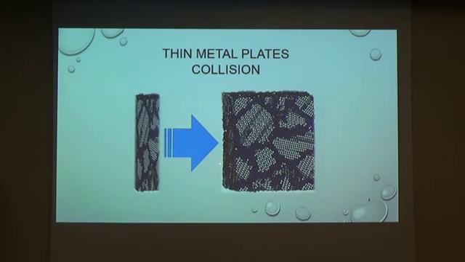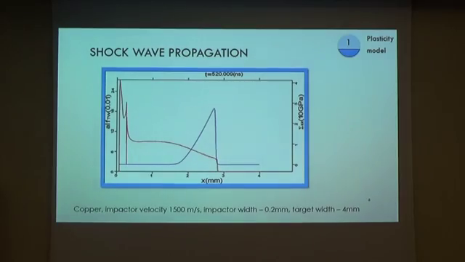I will discuss the problem when thin metal plates collide with metal targets. Our model in this one-dimensional case gives shock wave propagation through the targets and volume fractions of defects behind the shock waves.